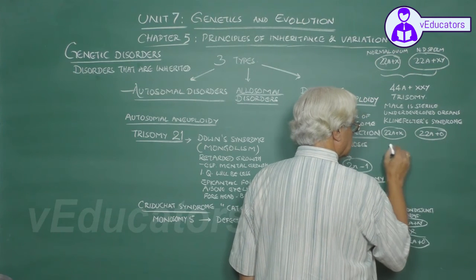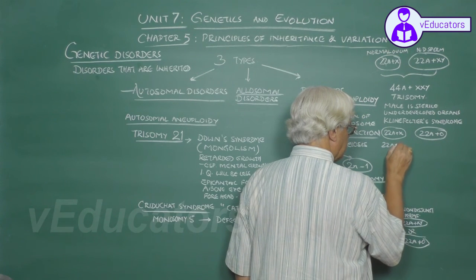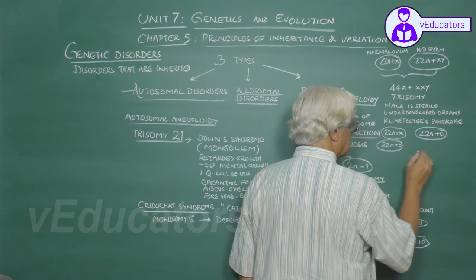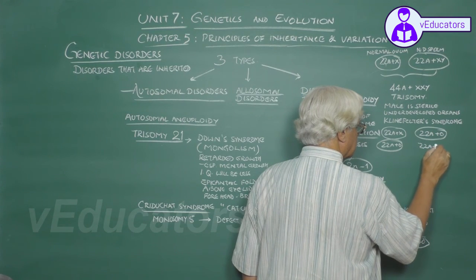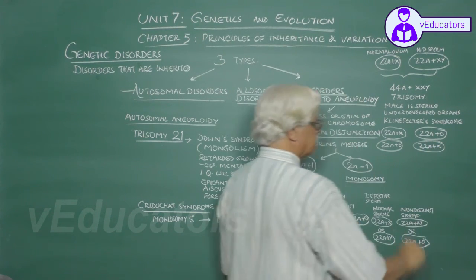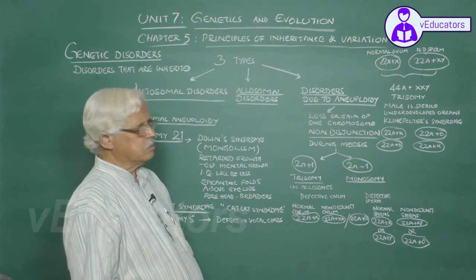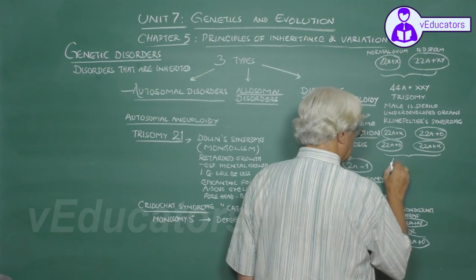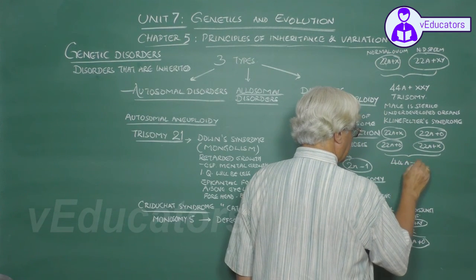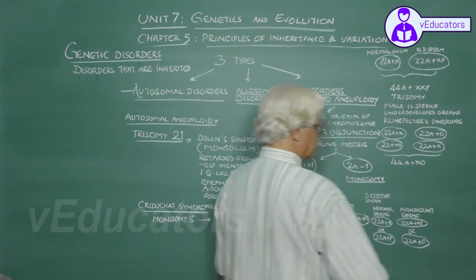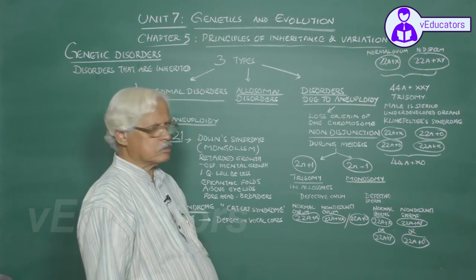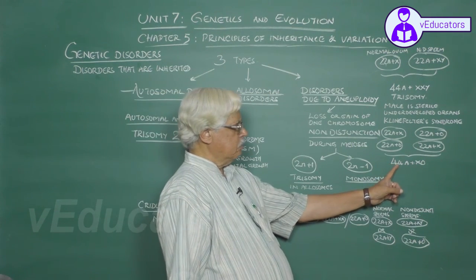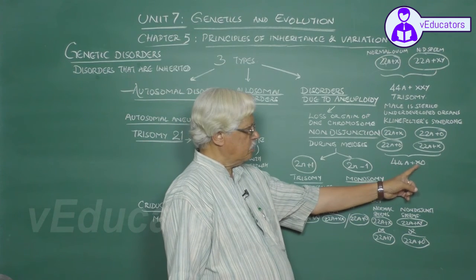Or it can be non-disjunct ovum, normal sperm. In either case, the zygote will be 44A plus XO.